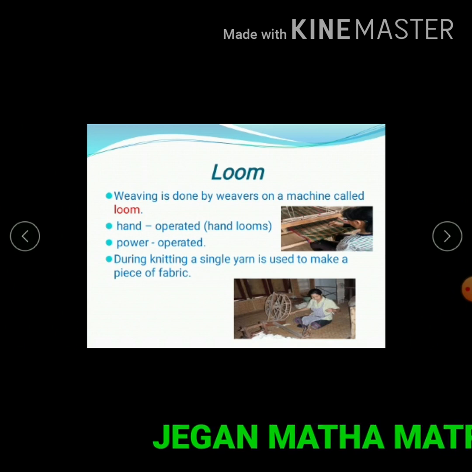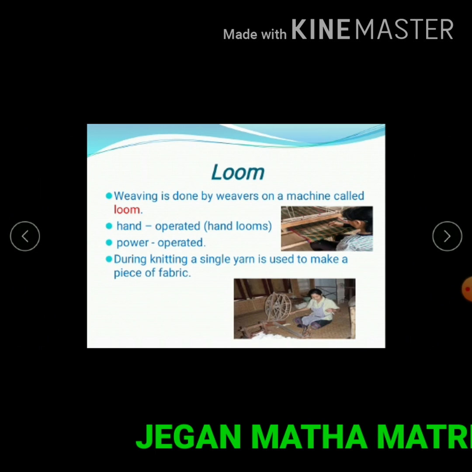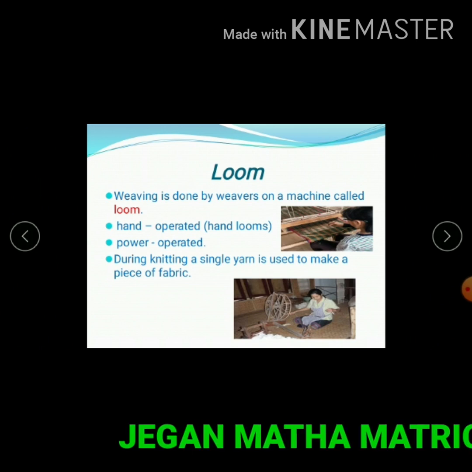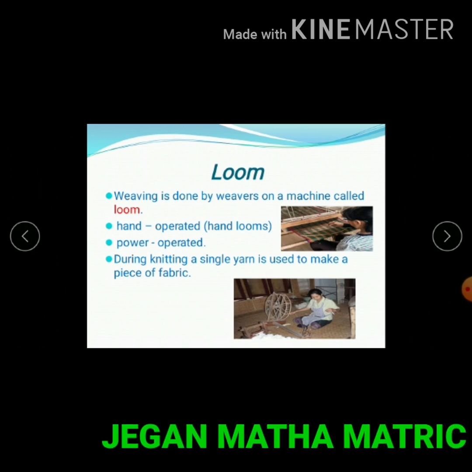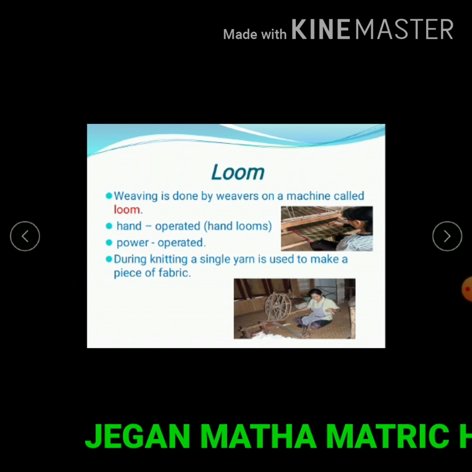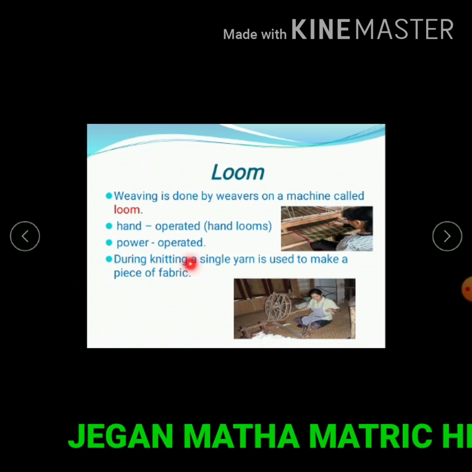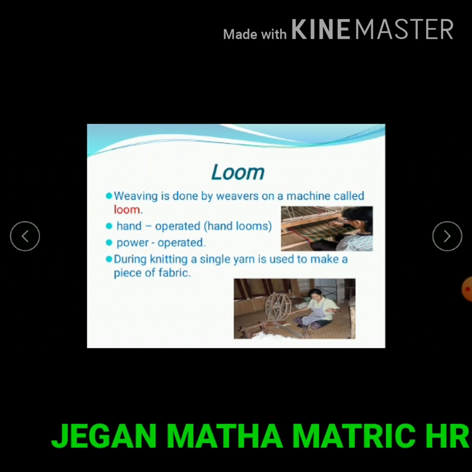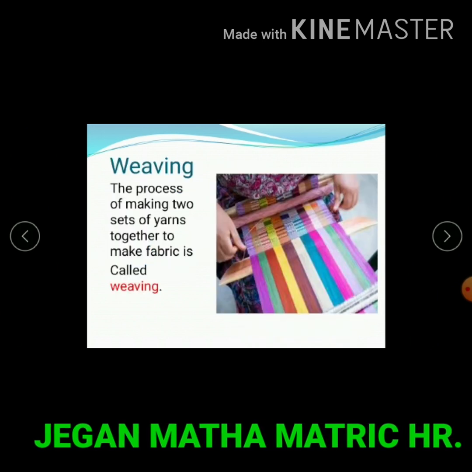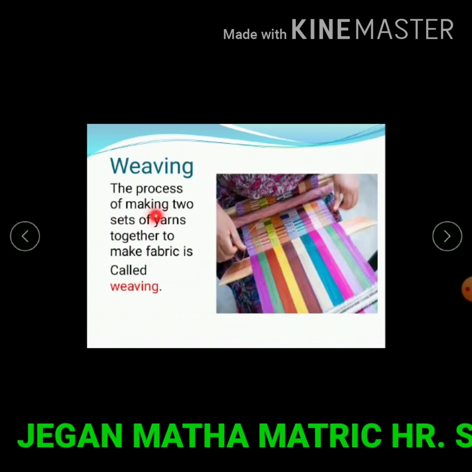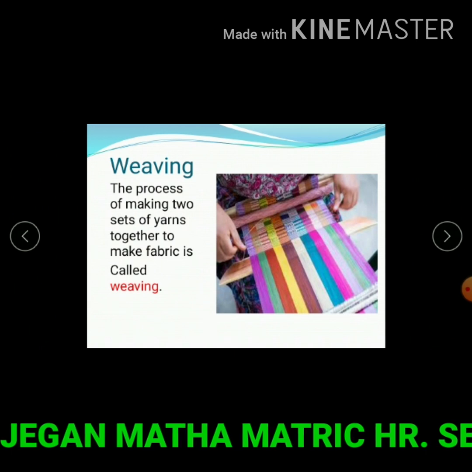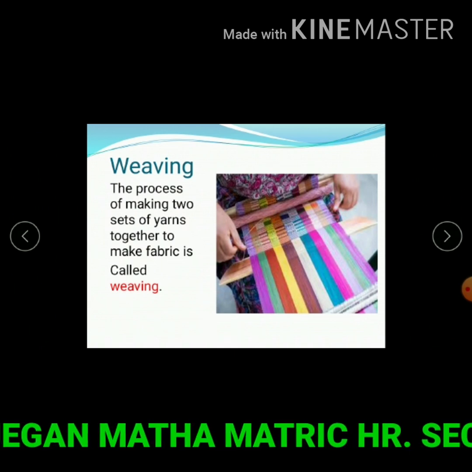Next, during knitting, a single yarn is used to make a piece of fabric. So here also it is a process of making fabric from the yarn, but in knitting a single yarn is used to make a piece of fabric. In weaving, two sets of yarn are put together to make fabric. So this is the difference between weaving and knitting.